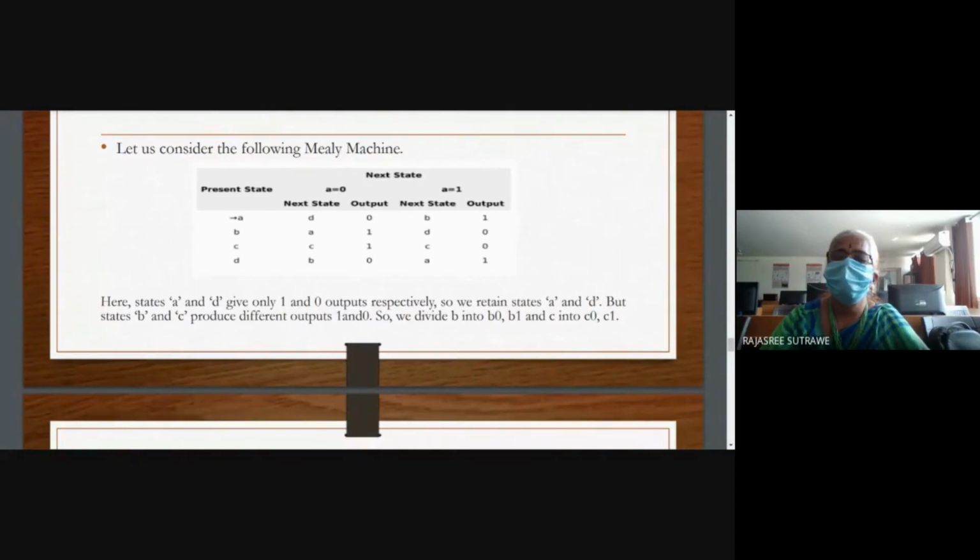Only one output we are writing. Here we are going for input equal to 0, input equal to 1, and the output we are writing. So first copy the states as it is from the Mealy machine: A, B, C, and D. I'm giving a little more gap here for clear understanding.